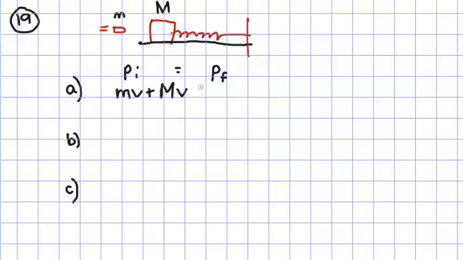And that should equal the final momentum, but finally the two are going to become one. We'll have the mass of the bullet and the mass of the block combined, one total mass for them, and they'll have some new velocity that they both share.